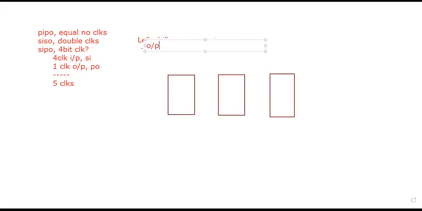So you will generate your output at the left side. Understand? So where will we have our output? Over here. First you need to write over here, serial left shift, serial output.